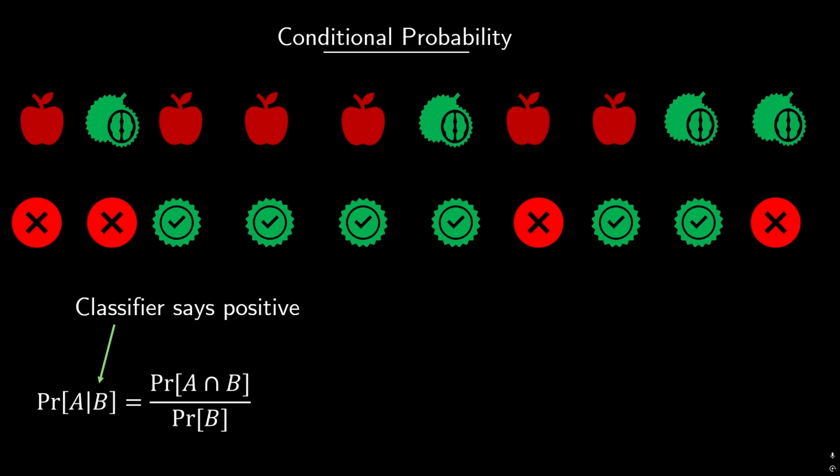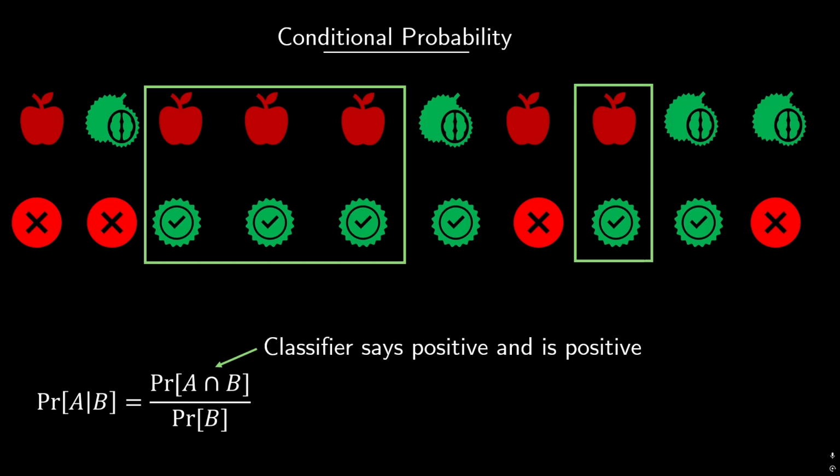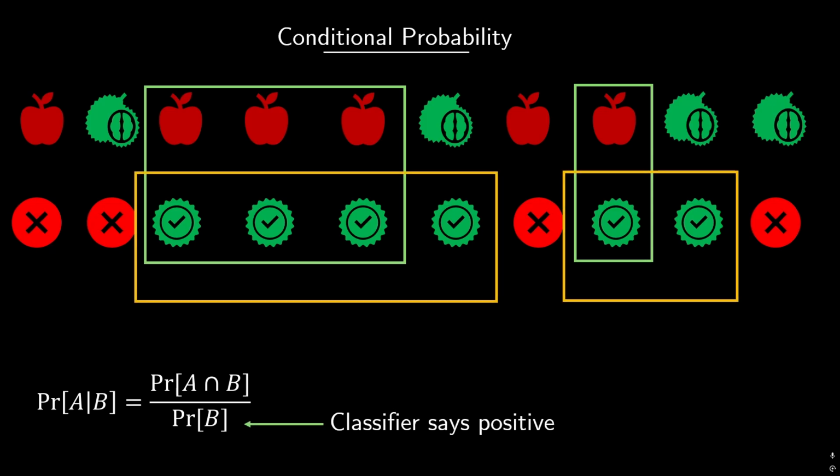One way to do this is to go out and count the number of outcomes where the classifier says positive and at the same time it is positive. In other words, the outcomes where there are apples and the classifier said yes to them. In our example here, there are going to be 4 of these. We also need the probability that the classifier says positive. Of the 10 pictures, it said positive 6 times. So 4 divided by 6 happens to be 2 over 3.